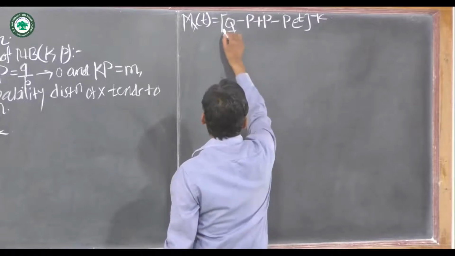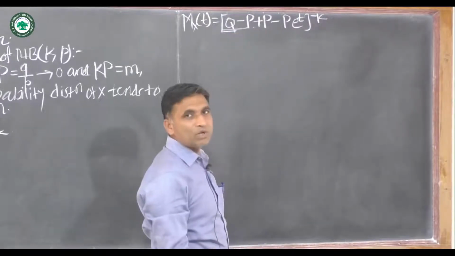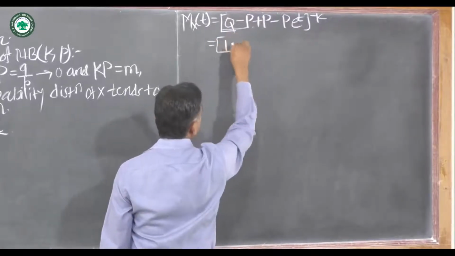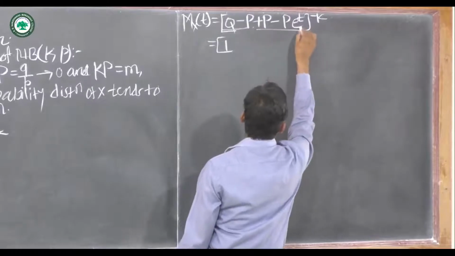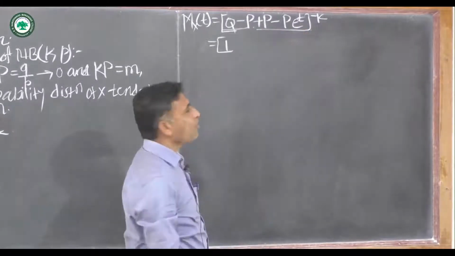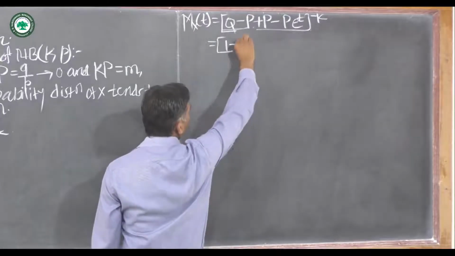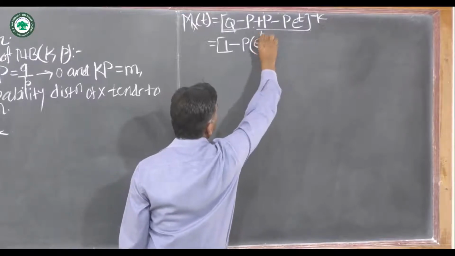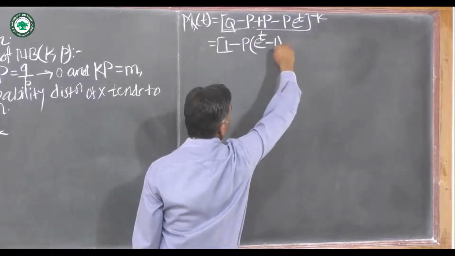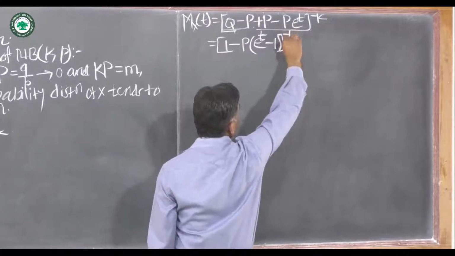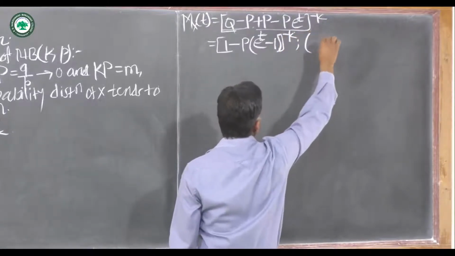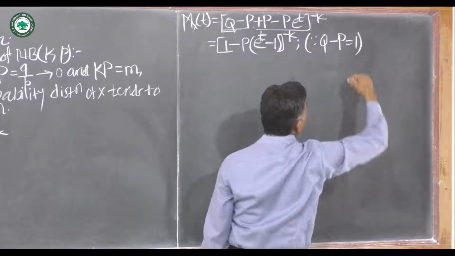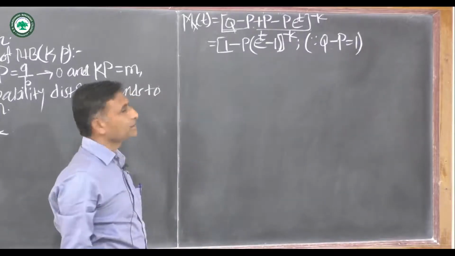Then we know that Q minus P is equal to 1, and from the remaining two terms we take minus P as common, so we get (1 minus P into (e raised to t minus 1)) raised to minus k, since Q minus P is equal to 1.